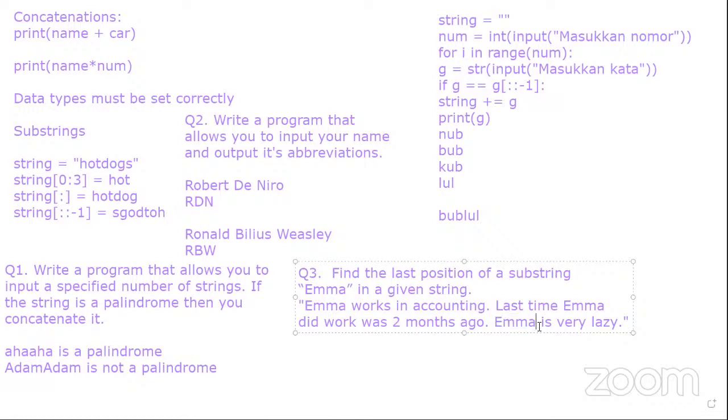So how can you find the last position? Well, you can do it sort of like this. So this is 0, 1, 2, 3, 4, 5, 6, 7, 8, 9, 10, 11, 12, 13, 14, 15, 16, 17, 18, 19, 20.